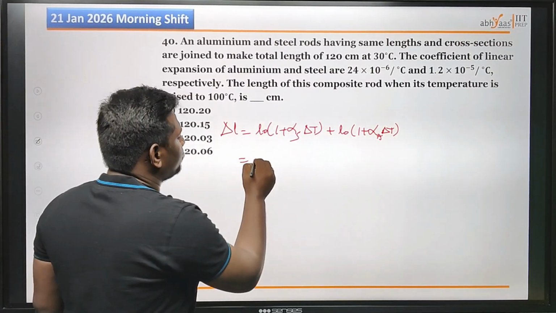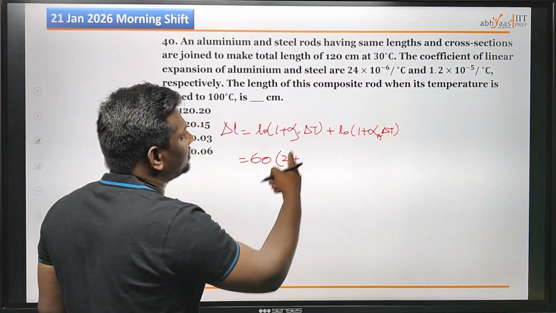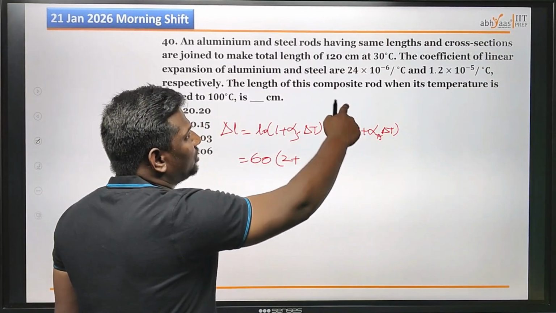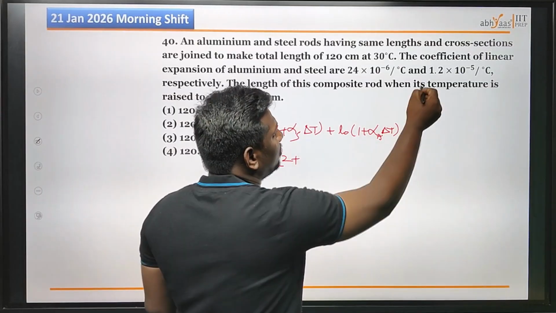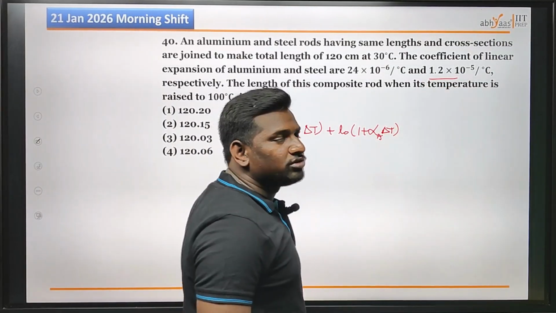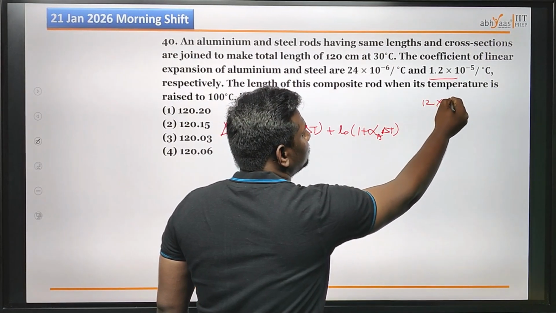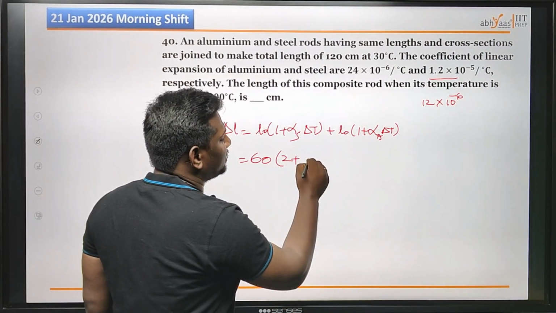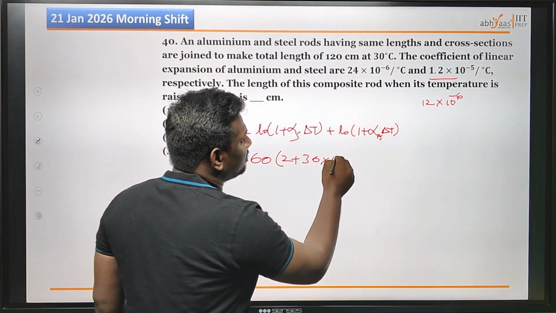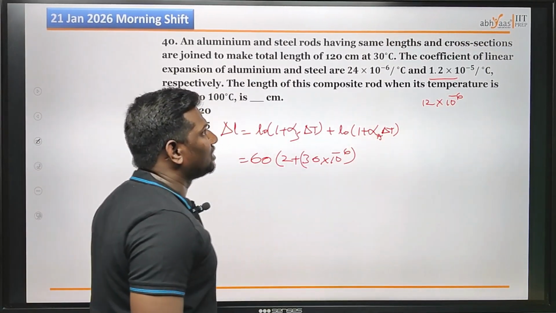That's why you have to take 60 into alpha steel plus alpha aluminum. What you are having? 24 into 10 to the power of minus 6, and 1.2 into 10 to the power of minus 5. I can write like this. So from this one you can write simply 36 into 10 to the power of minus 6 into delta T. What is the delta T?